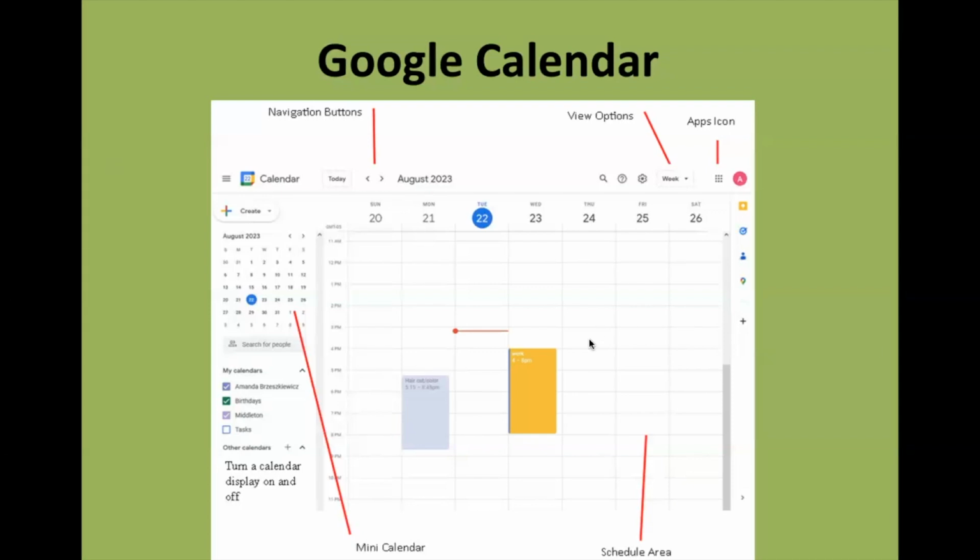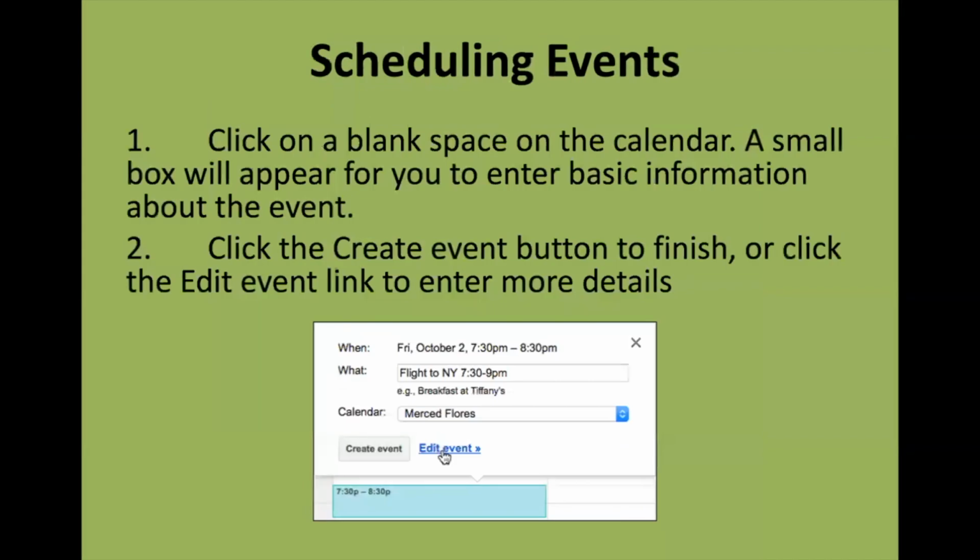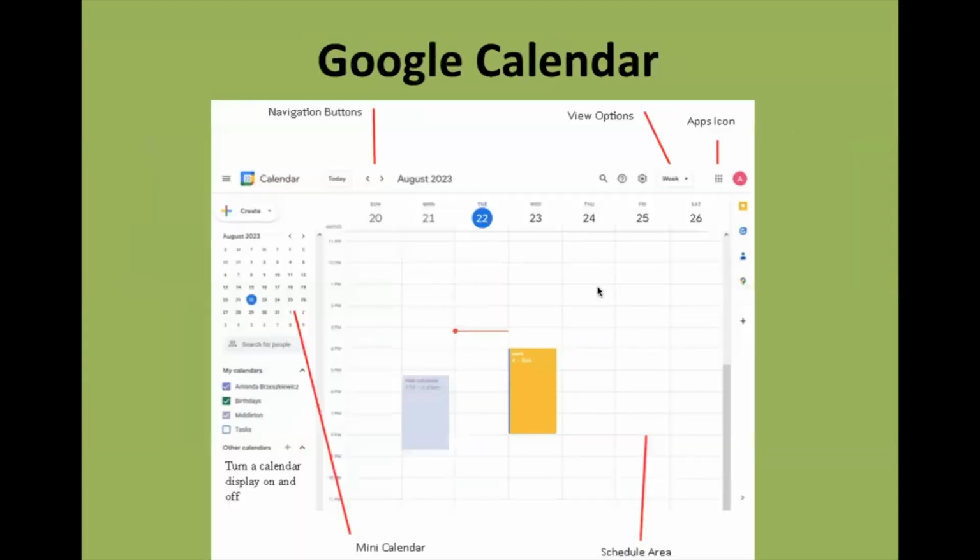To make an event, you click on this button up in the top left corner with the rainbow plus and create. So here you create an event, and when you do that, this pops up. You would click on the when section if you need to change the date. You can also just click anywhere in the schedule area.